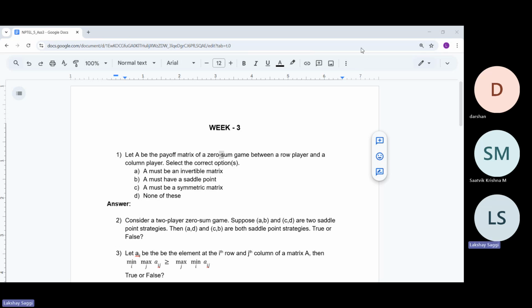For the payoff matrix, Darshan or Satvik, would you like to answer this, or just maybe try to guess the answer also? What do you think may be correct for this question? That the payoff matrix A must be an invertible matrix, must have a saddle point, must be a symmetric matrix, or none of these.